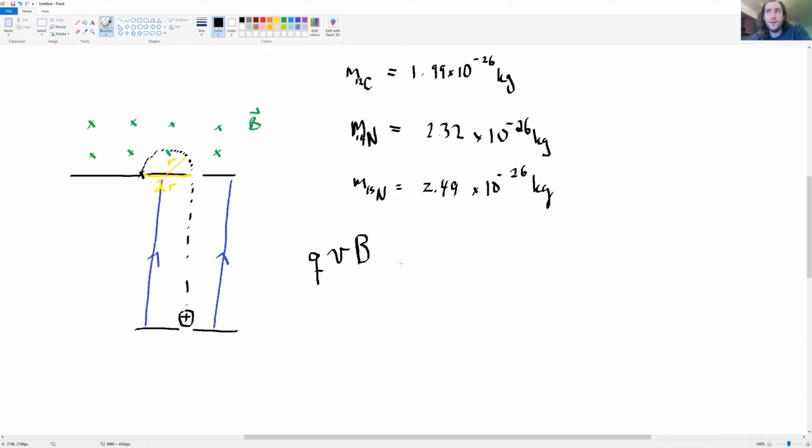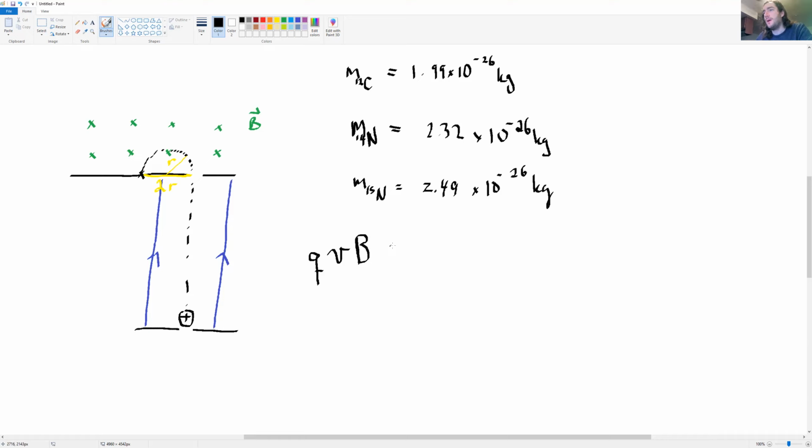If there's a component of the magnetic field that is parallel to the direction of motion, then you can end up with a spiral motion instead of a circular motion, right? So QVB, that's the force, and it's always directed towards the center of the circular motion because of the right-hand rule, the cross product in the Lorentz force.